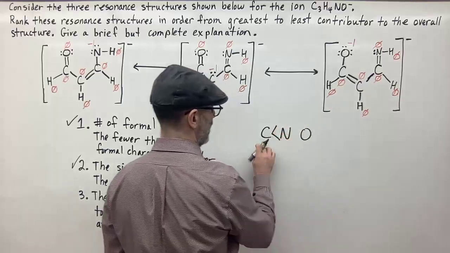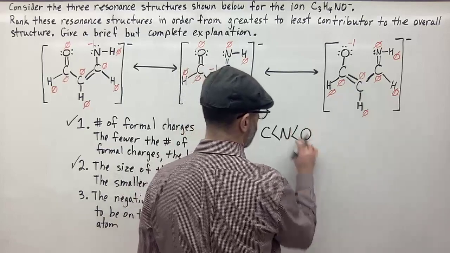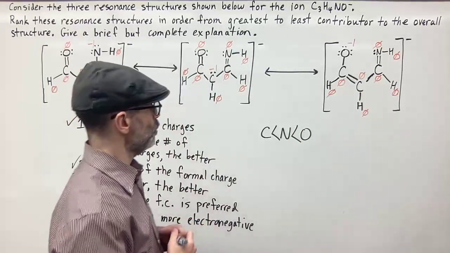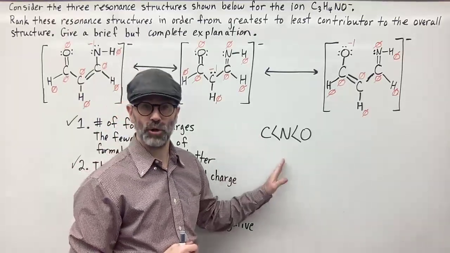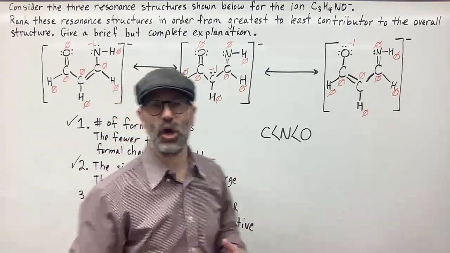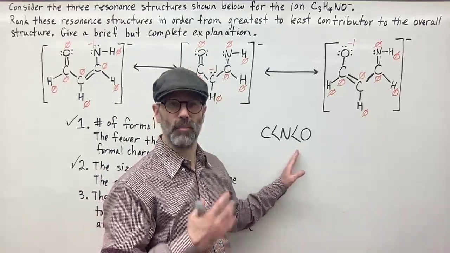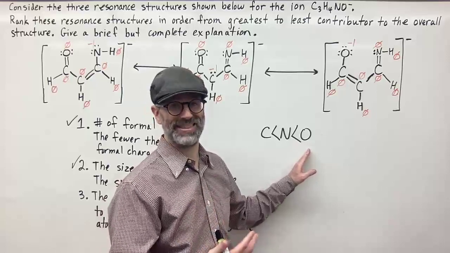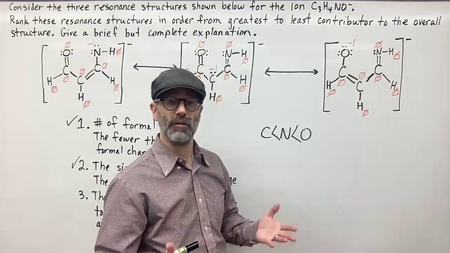So carbon is less electronegative than nitrogen. Nitrogen is less than oxygen. Oxygen is the greater electronegative atom of the three. So the negative formal charge prefers to be on the more electronegative atom. And so the resonance structure that has it on the most electronegative atom is going to be the more important or greatest in terms of contributing to the overall structure of the molecule.